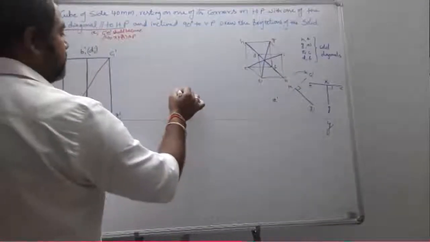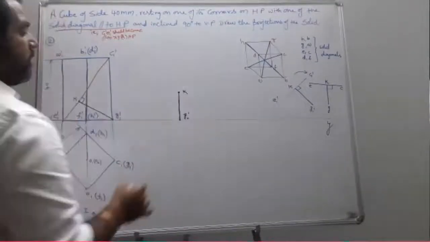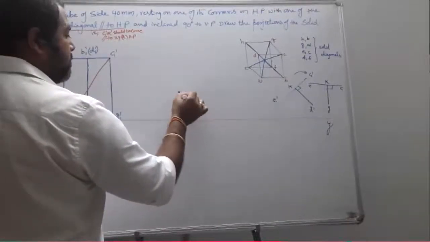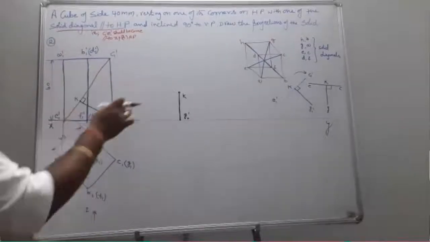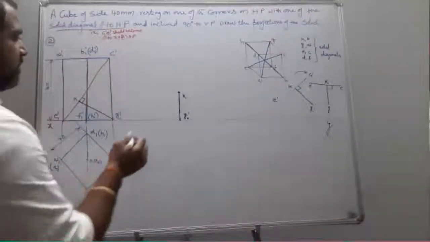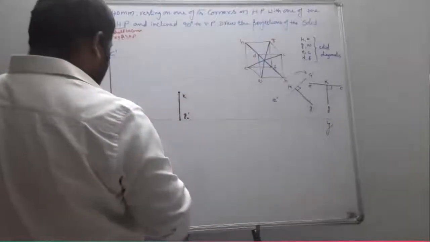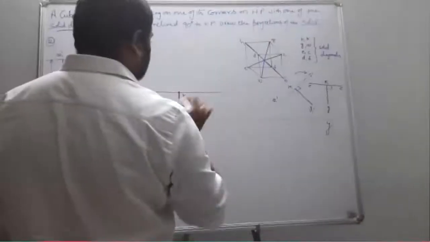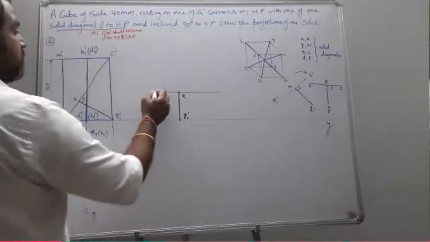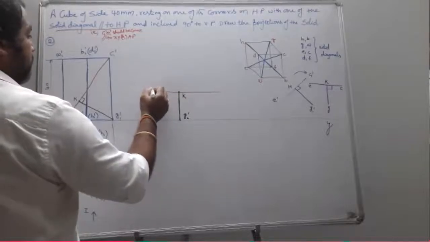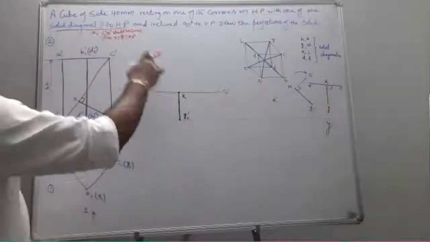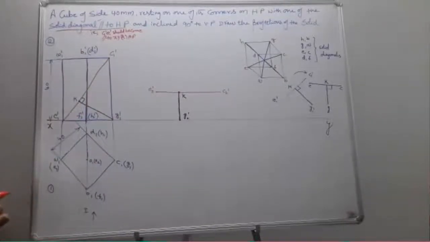So this becomes K. When your GK becomes vertical, the C is going to become horizontal. So I just draw the horizontal line. Okay. So this becomes E2 dash, this becomes C2 dash. Now what happened? My solid diagonal becomes parallel to HP.